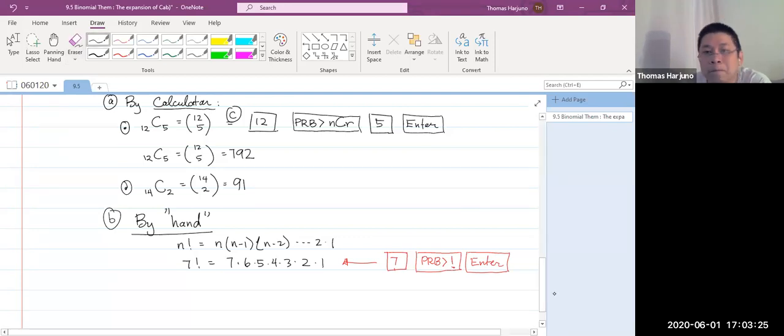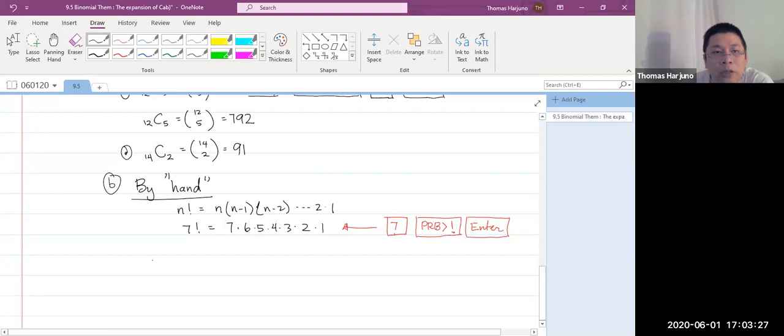Now suppose I have, as earlier, 12 combination 5. According to our formula, that's 12 factorial over 5 factorial times 12 minus 5, which is 7 factorial. If I write it down, be patient with me. I know this is long, but doing it by hand gives us a shortcut, which is quite powerful, effective and efficient when the number is quite small.